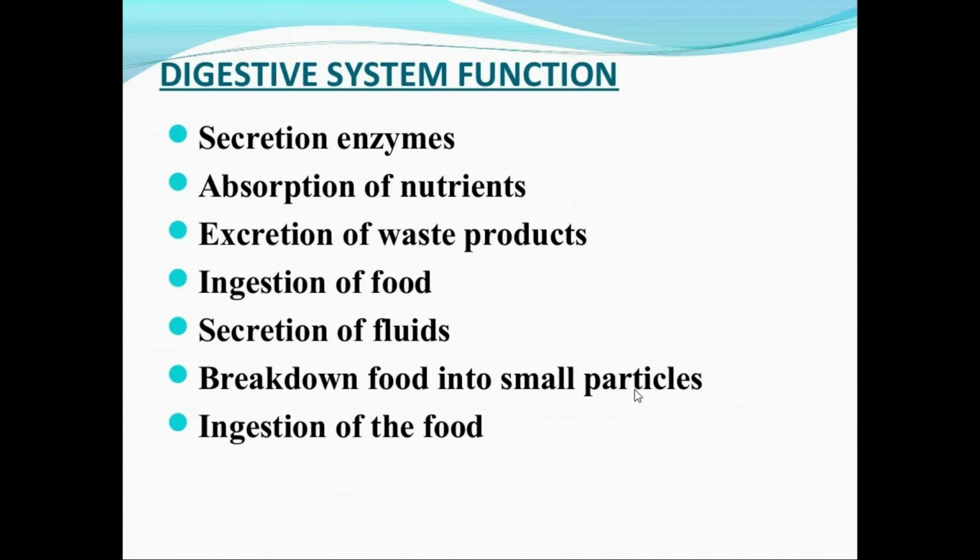Some main and important functions of the digestive system are explained here: secretion of enzymes, absorption of nutrients through the small and large intestine, excretion of waste products through the excretory system, ingestion of food through the mouth and oral cavity, secretion of fluids where the pancreas and liver take part, and breaking down food into small particles, where the stomach helps, and then passage through the oral cavity and esophagus.